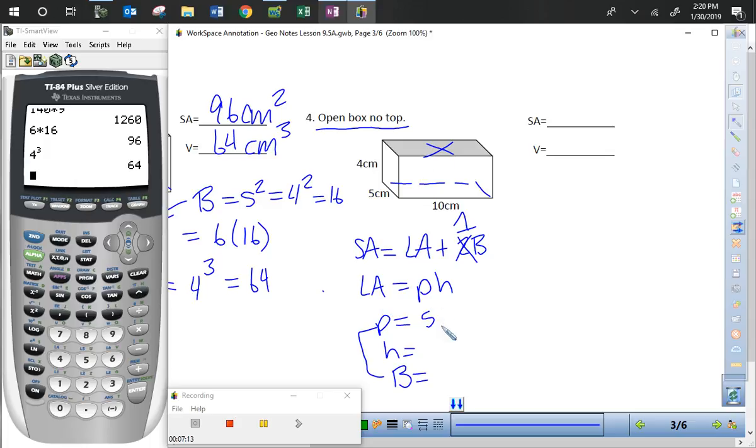We've got 5 and 5, 10 and 10, all the way around. 10, 20, 30. The height, going up and down here, is our 4. And then B is the area of the base, or the area of the bottom. Length times width is our 5 times 10. And that's 50.